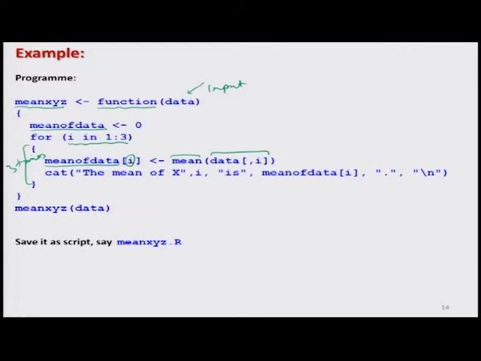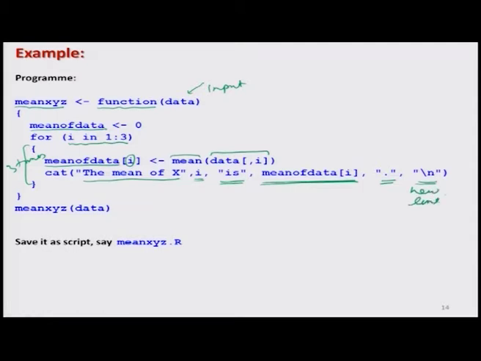I want to express the outcome in this particular format. I want to write the mean of x, and then 1, 2 or 3, that is x1, x2 or x3, and then as a character I would say is, and then whatever is the value of mean of data I has to be printed, and then after this there has to be a full stop, and the next outcome has to be on a new line.